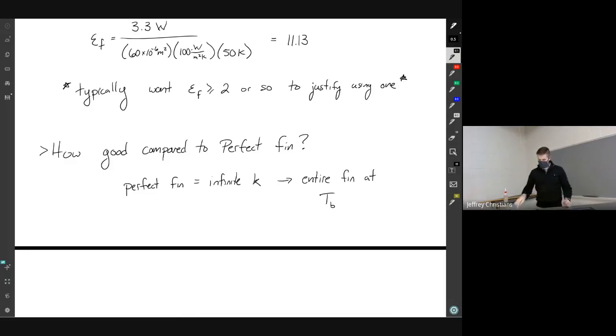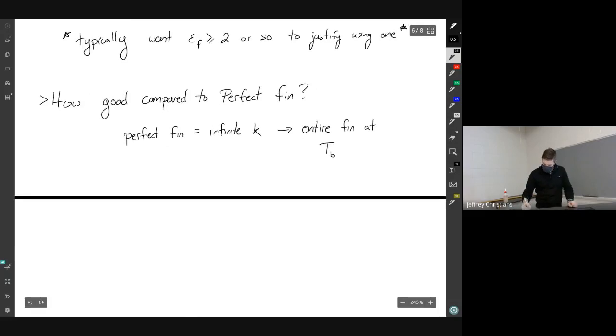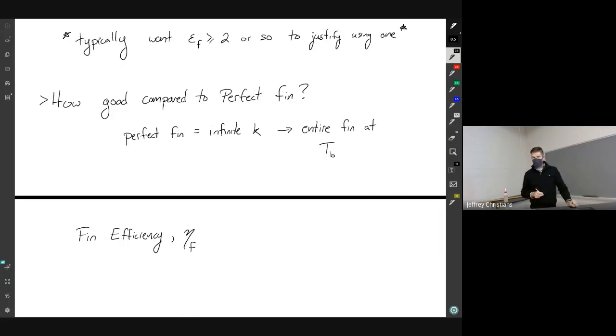So for our fin, we call this the fin efficiency, eta F. So we have these two measures. We have the fin effectiveness, how effective is it at transferring heat? The fin efficiency, how good is it compared to a perfect version of itself?